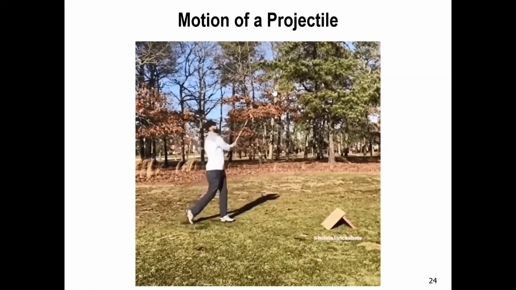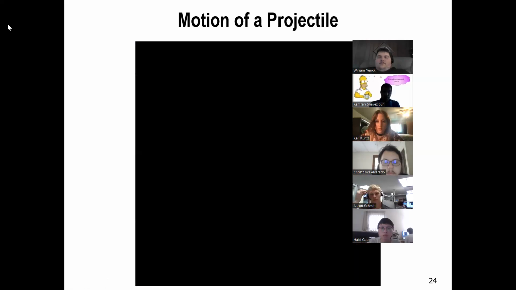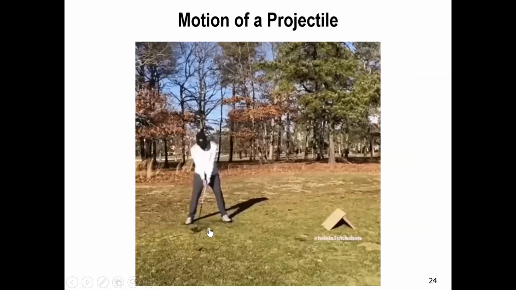Could you see anything? So technically, I'm going to do it one more time. The guy hits the ball, the golf ball, moves here. You're going to learn that this is a projectile motion. It hits this plate or board, and then jumps like this. This is another projectile motion.